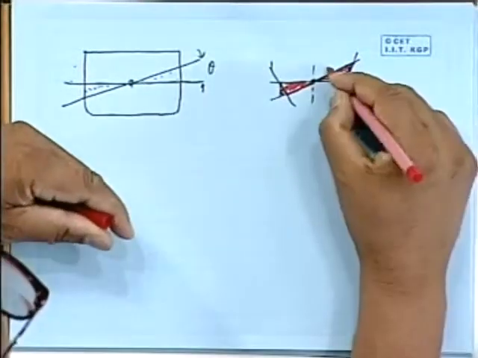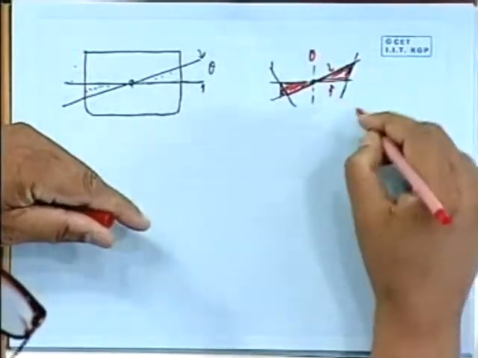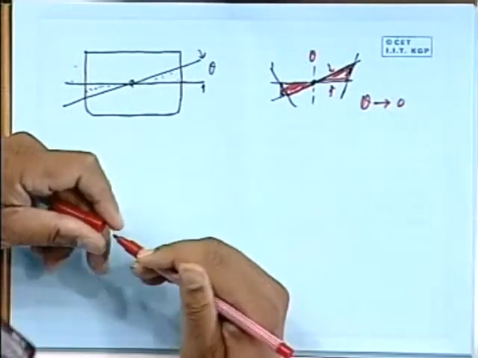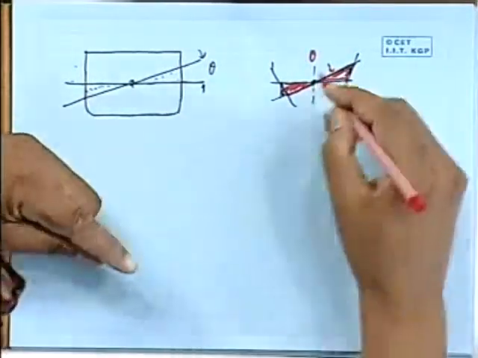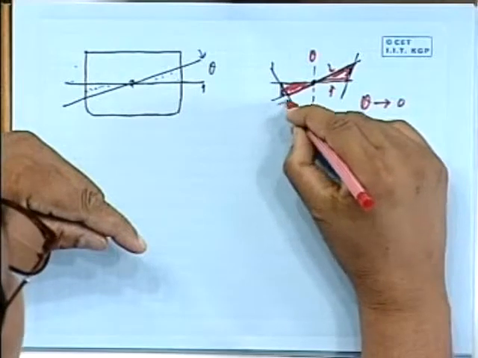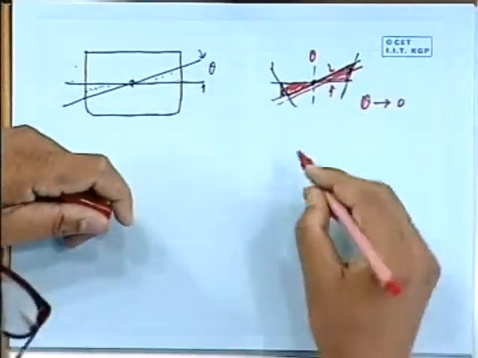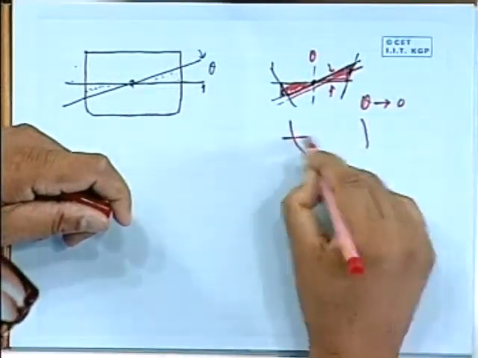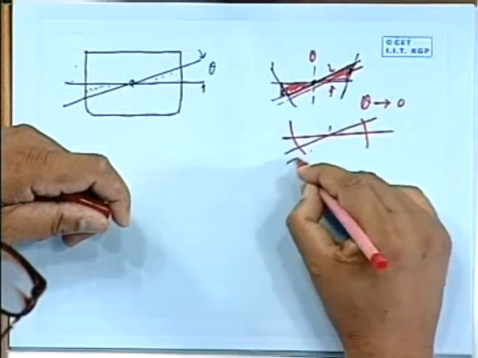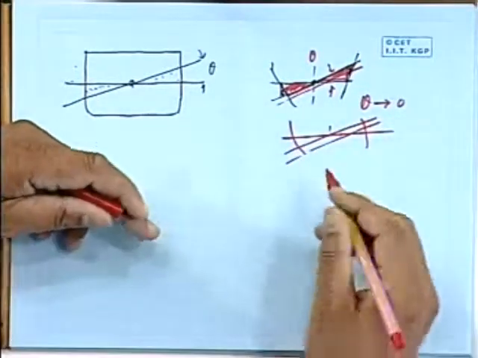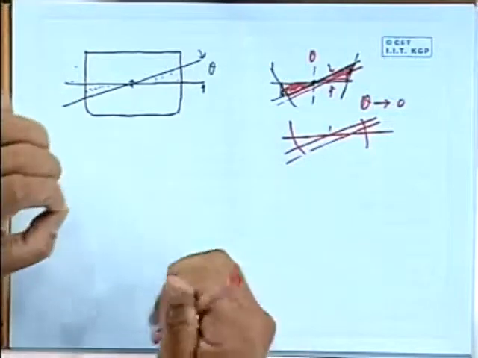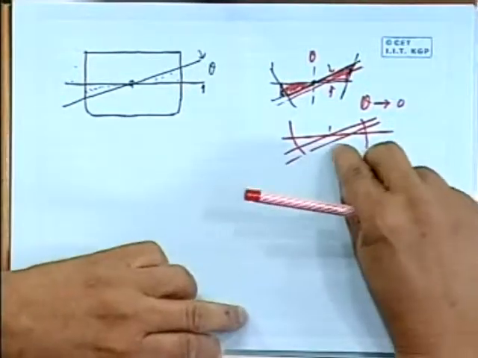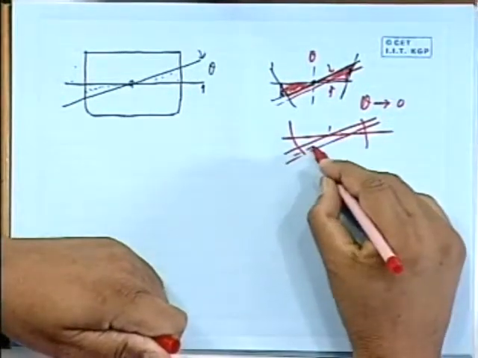But supposing now you take this theta and make theta tend to 0, what would happen? In this case, actually the line would have been somewhere here below, not through the center line but somewhere here, so that the two sides are the same. But now when you make theta smaller, it will approach this line, it will come closer to this line.